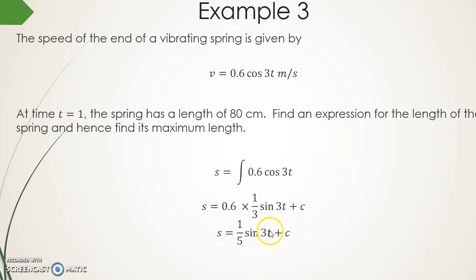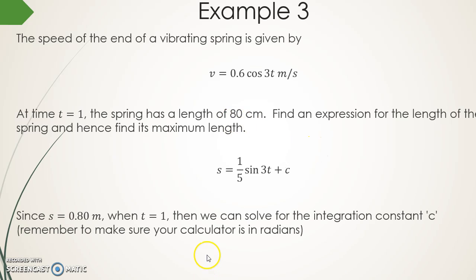Now we need to work out what that constant c is, and what we do know is that when t equals 1, the spring has a length of 80 centimeters. Because we're in meters, we convert that to 0.8. We can use those values to work out what our constant is. And just remember, make sure your calculator is in radians, because when we do derivatives, we're always using radians.